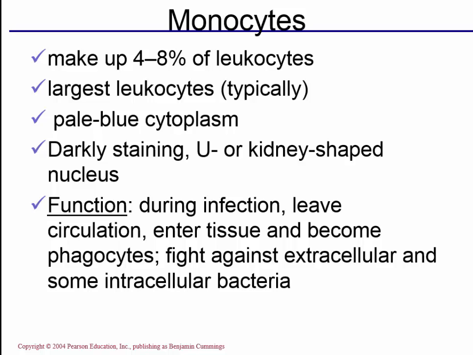Their purpose is that during infection they leave the blood vessel, enter the infected tissue, and turn into a phagocyte. You might remember from biology that a phagocyte is a large cell that engulfs and destroys foreign material. So some people call it a cell eater.